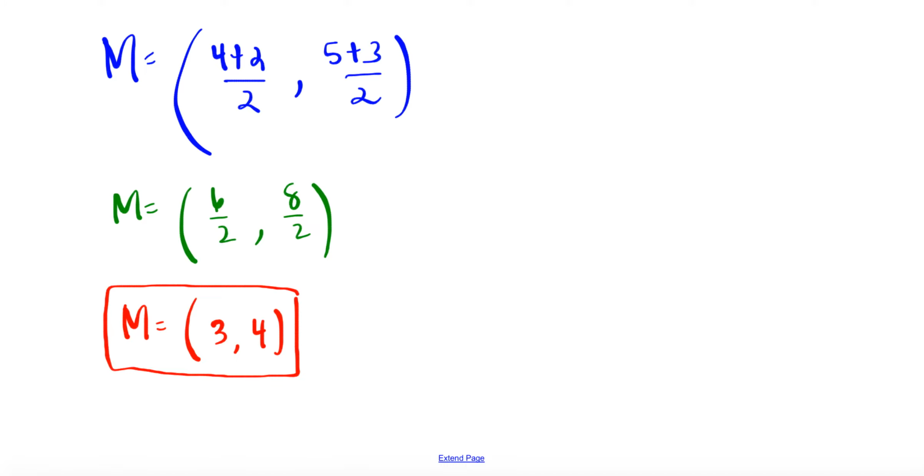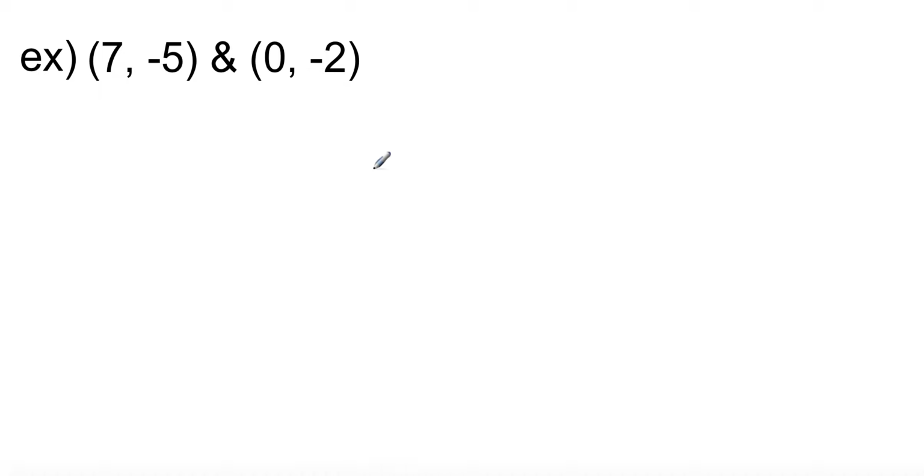All right, let's do one more example. Let's find the midpoint between the ordered pairs 7, negative 5, and 0, negative 2. So we're going to label this x1, y1, x2, y2. We're going to write our formula down.